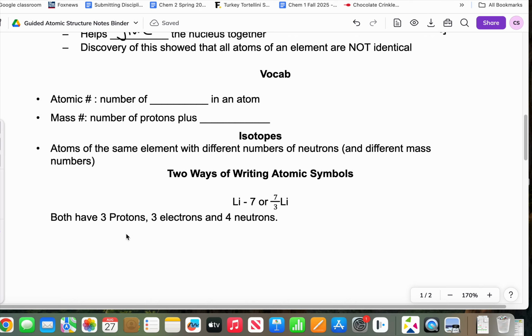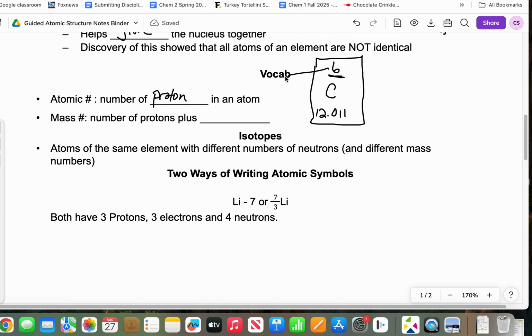Okay, here we go. Atomic number is the number of protons. This is very, very, very important. For example, if you looked up carbon on the periodic table, you would see a number 6 up here, and a number like 12.011 or something like that. This number 6 is the atomic number.